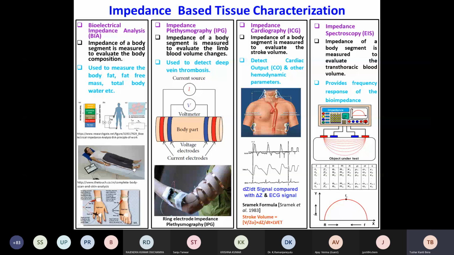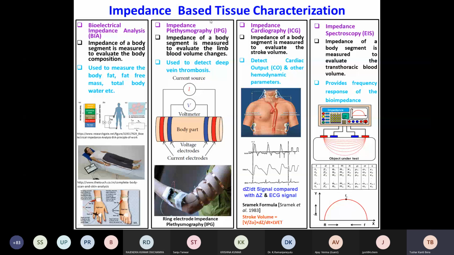So it is possible to calculate the total body water, total body mass, fat free mass, or total body fat. That type of information is very important, and commercial devices are also available for this type of impedance analysis, which is very helpful for detecting several types of disease, even including cancer.